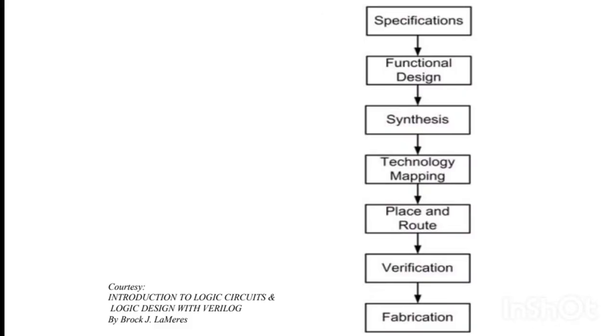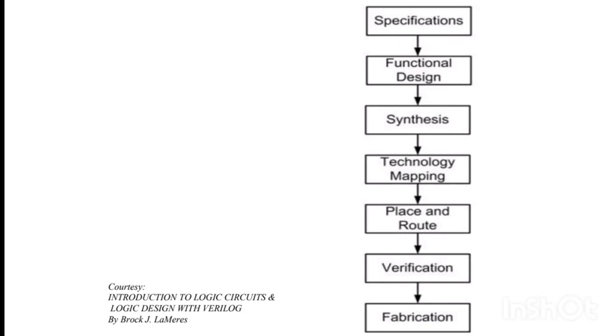The third step is synthesis, and it's about creating the gate level connection, schematic or netlist of the design using logic synthesis processes. For example, a K-map, Karnaugh map, or automated CAD tools can be used in this regard.